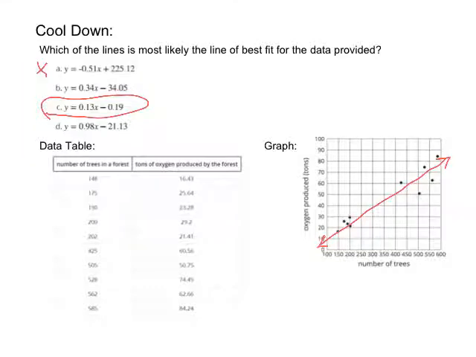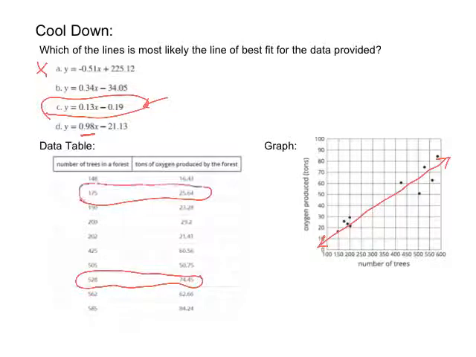The next three all have positive slopes. So is it a steeper slope closer to 1, or is it a flatter slope like in C? And this, it's kind of hard to tell from the graph. You could take 2 points that are really close to the line. So maybe the point here at like 528, and maybe the point here at 175.